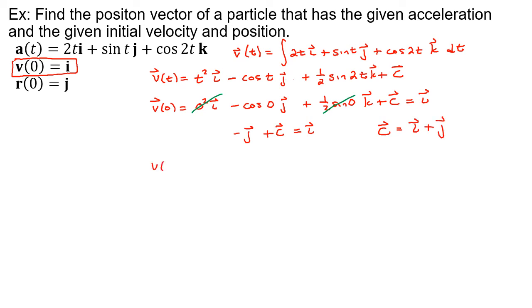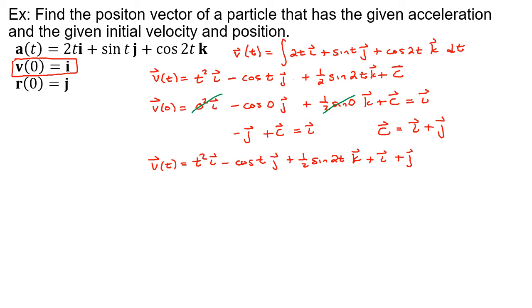And so your velocity vector would have been t squared i minus cosine tj plus 1/2 sine 2tk plus i plus j.